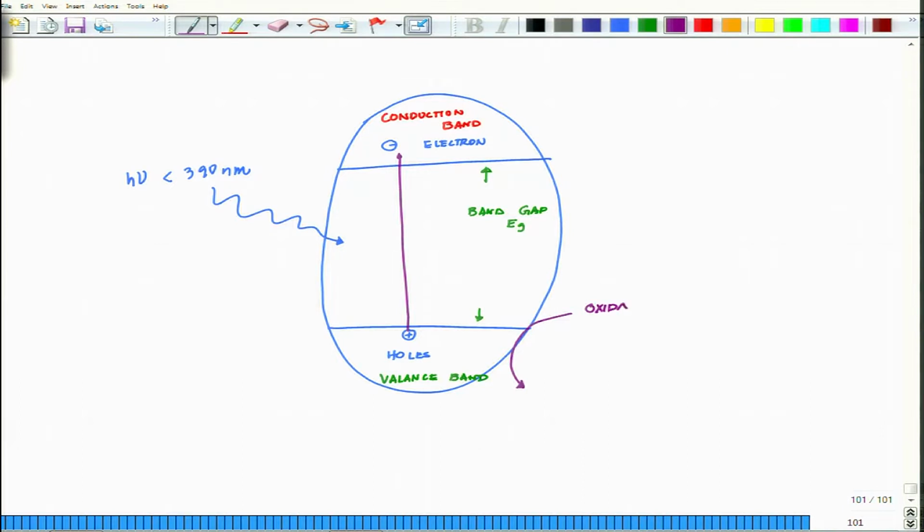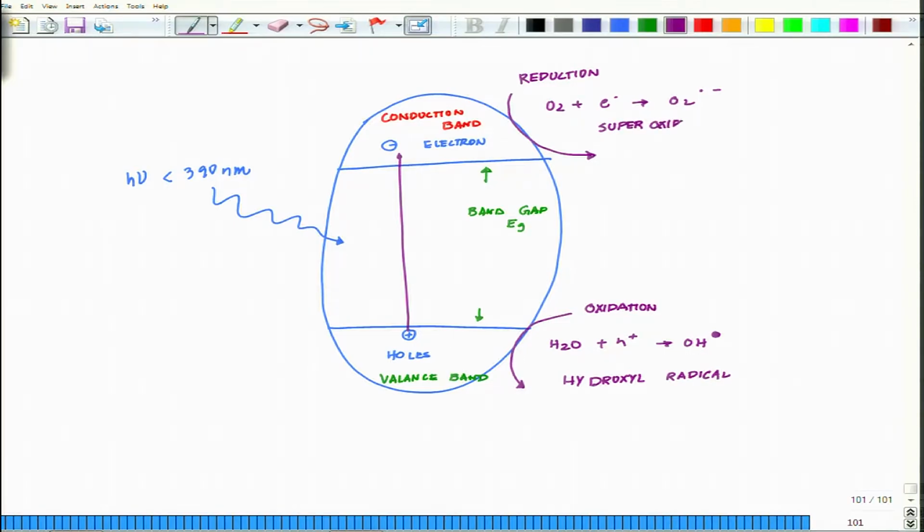There is an oxidation happening here, which is essentially photo-oxidation, where a hydroxyl radical (OH dot) is generated here, whereas in the conduction band there is a reduction happening, and in that reduction reaction O2 plus electron makes O2 dot minus, which is the superoxide radical.